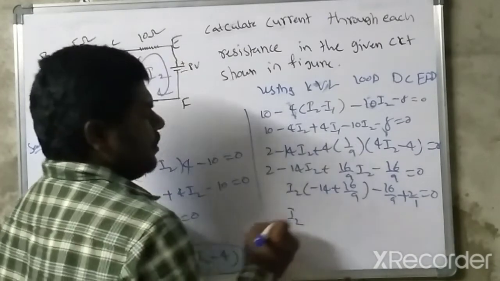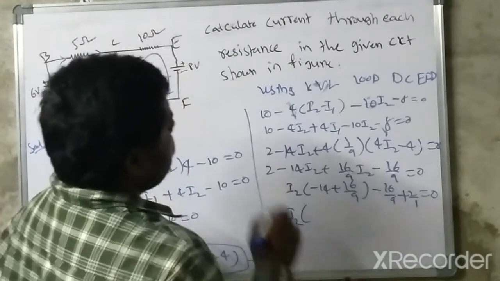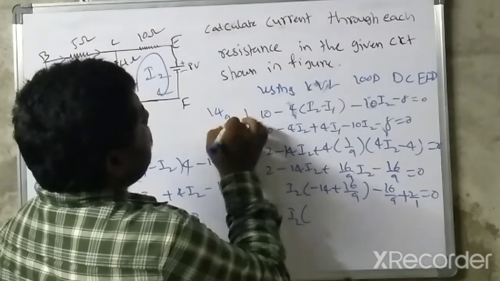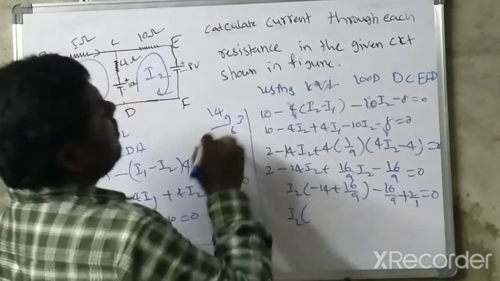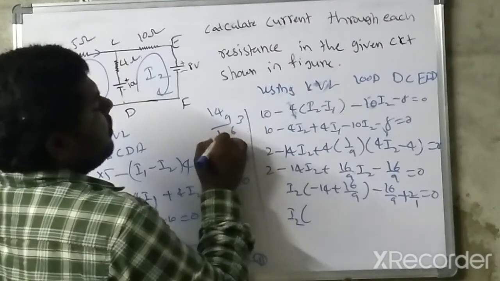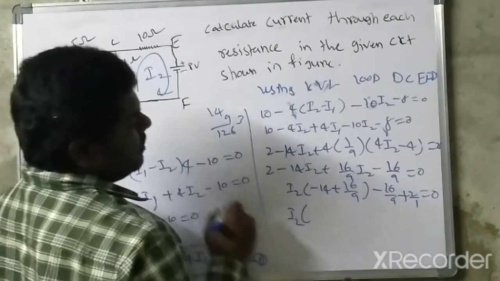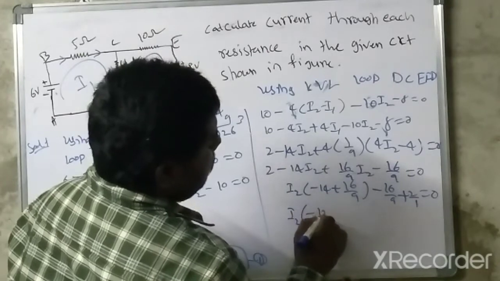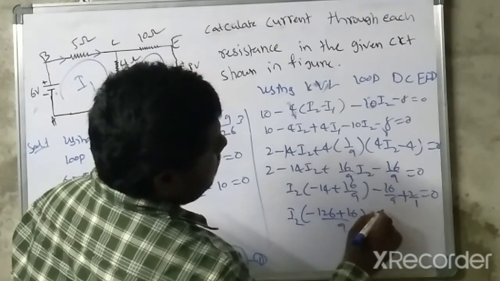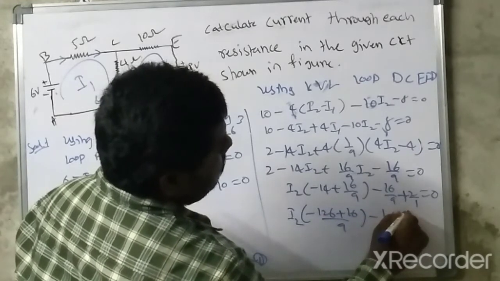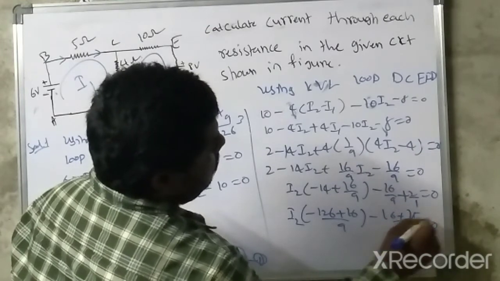So I2 into 9 into 14 is 126, so minus 126 plus 16 by 9 minus 16 plus 18 by 9 is equal to 0.